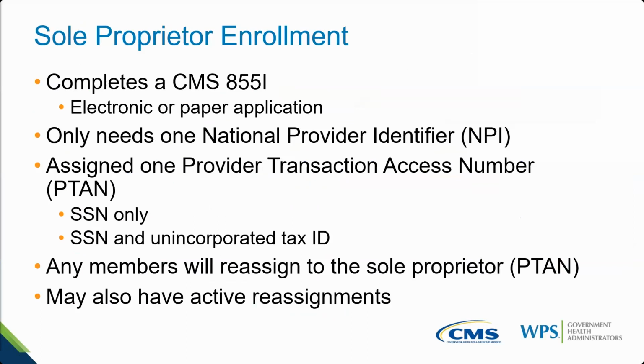They do not have to be separate. So that simplifies things a little bit there. One thing I do want to point out, you may find instances where a sole proprietor would get multiple PTANs, but that is typically when they are practicing in either multiple states or in one state, but they're practicing in multiple fee localities. For pricing purposes, sometimes we have to issue a second PTAN.